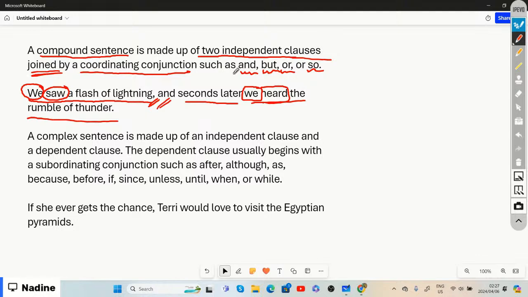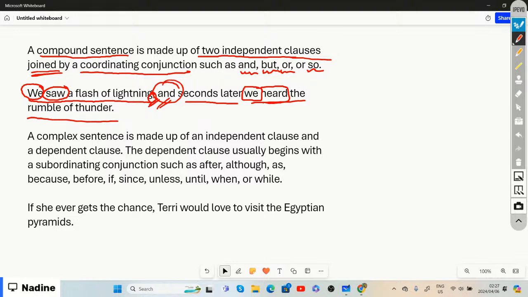So here we have two independent clauses, two subjects, two predicates, right? And it is joined by a comma as well as a coordinating conjunction, right? And that is how we identify a compound sentence. It is made up of two independent clauses that are joined by a comma as well as a coordinating conjunction.